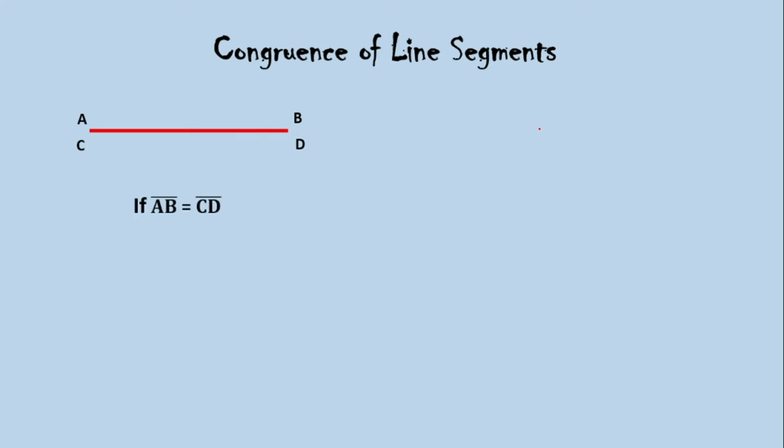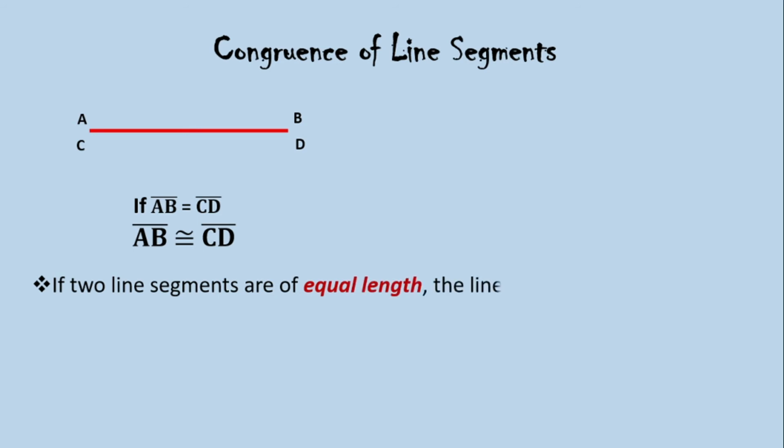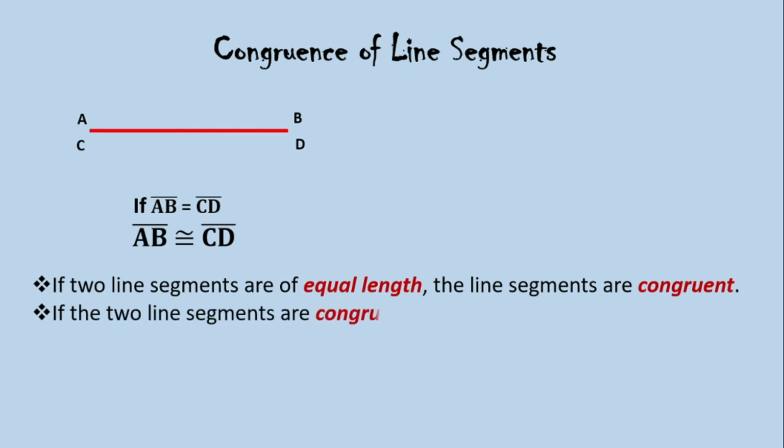Therefore, if line segment AB is equal to line segment CD, we can say that AB is congruent to CD. From the above, we can conclude that if 2 line segments are of equal length, the line segments are congruent, and if 2 line segments are congruent, their lengths are equal.